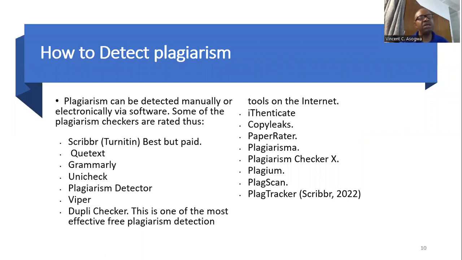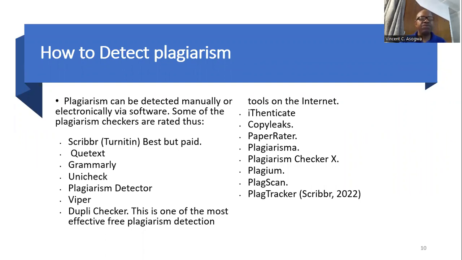How then can one detect plagiarism? Plagiarism can be detected manually or electronically via software. Before, people detected plagiarism by placing two different texts side by side and trying to cross-check, but it was very laborious and very tedious.